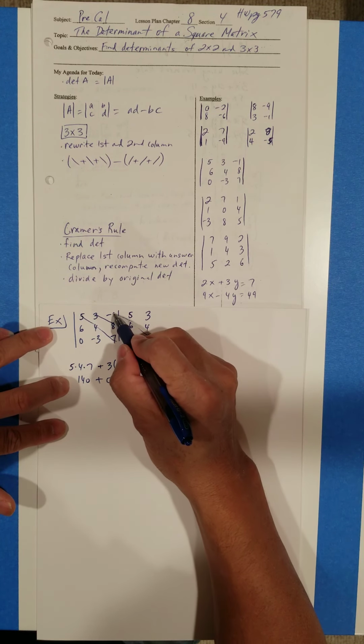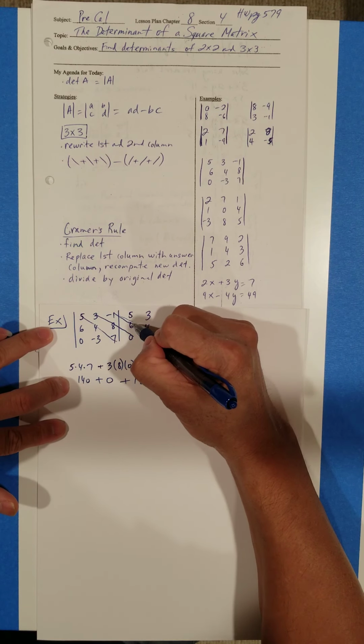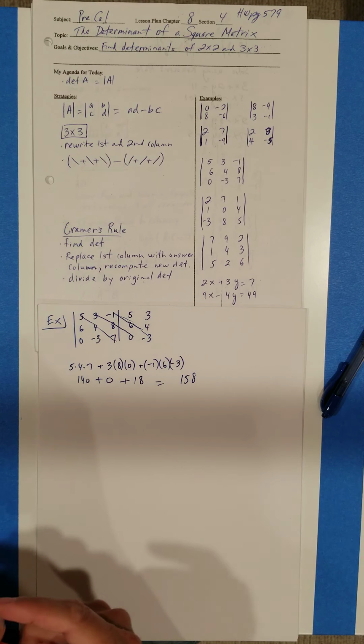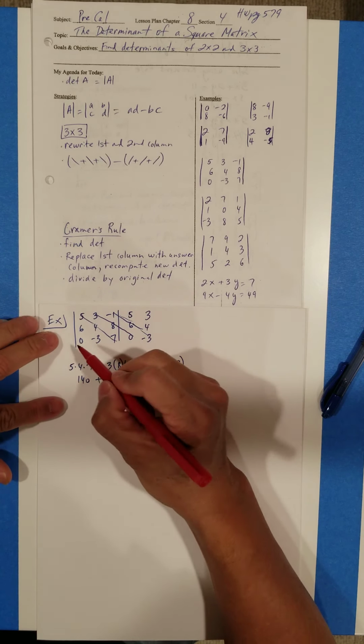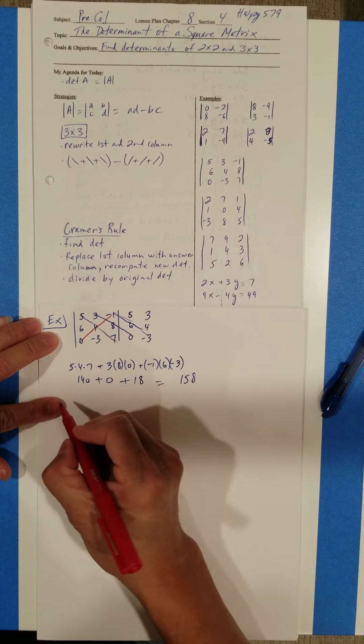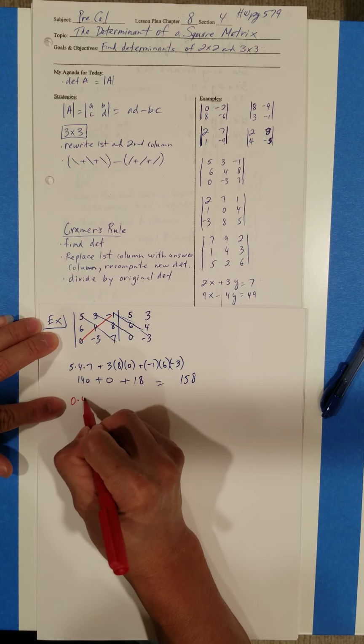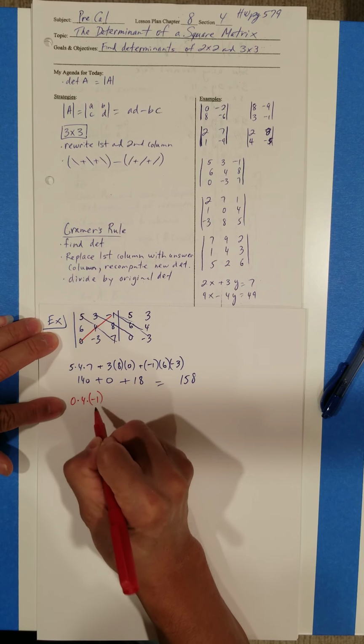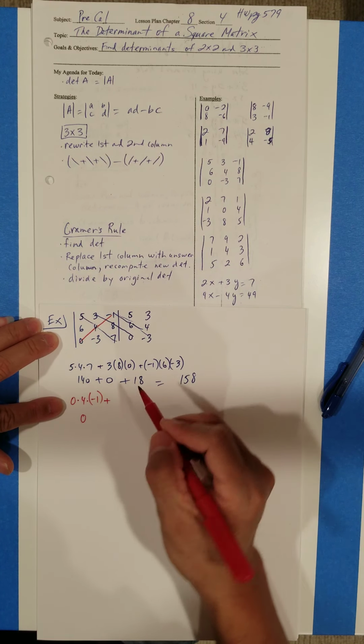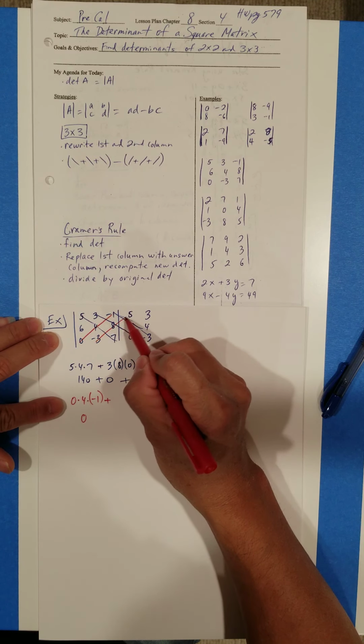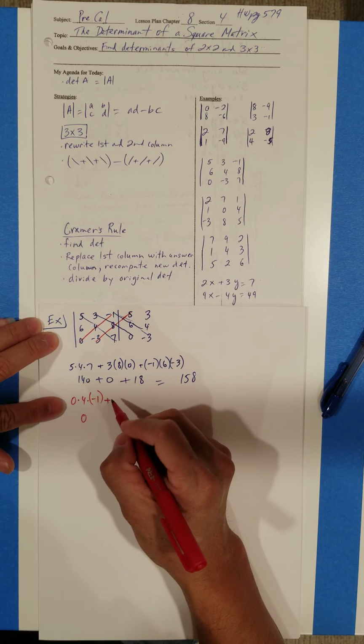And we're going to do it again, but in this case, we're going to go up. We have 0 times 4 times negative 1. That's 0. When we go up, we multiply these and then add them together.